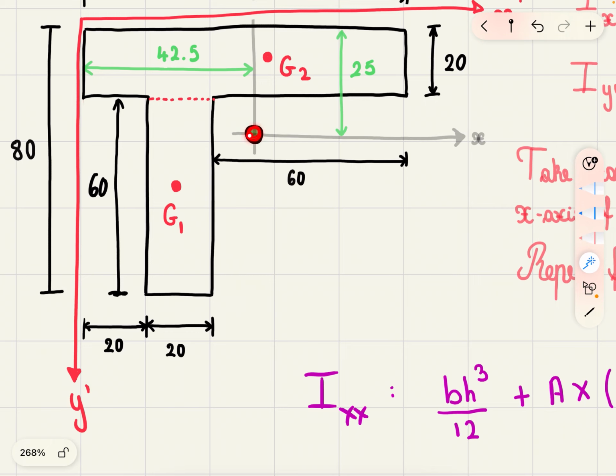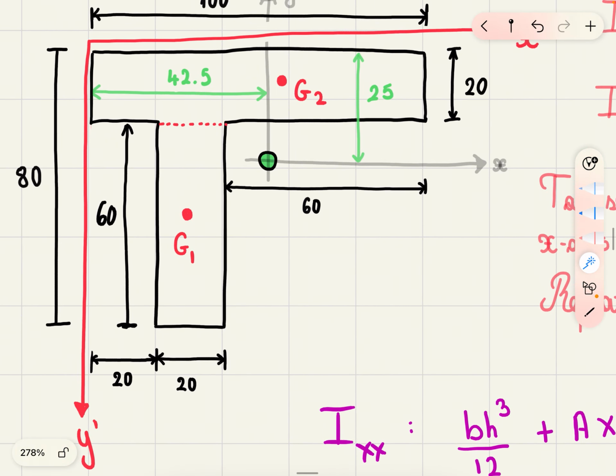So what's the distance from G to G1? This one. So how do we find this one? We're going to subtract from the total distance of 80 this distance and this distance.